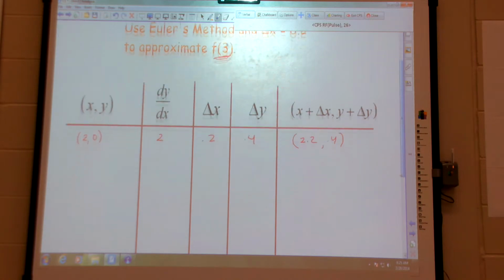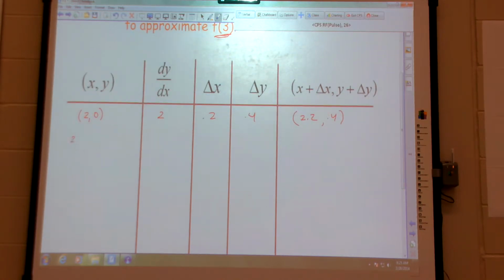So now I'm going to take that point, and I'm going to do the process all over again. When I plug those into the derivative, what will I get? 2.6. Delta x is still 0.2. That's my step size. What will delta y be?